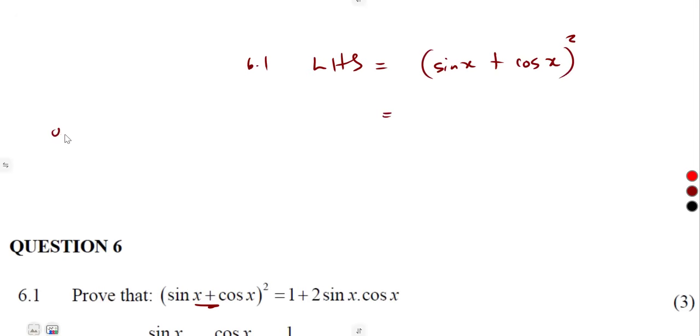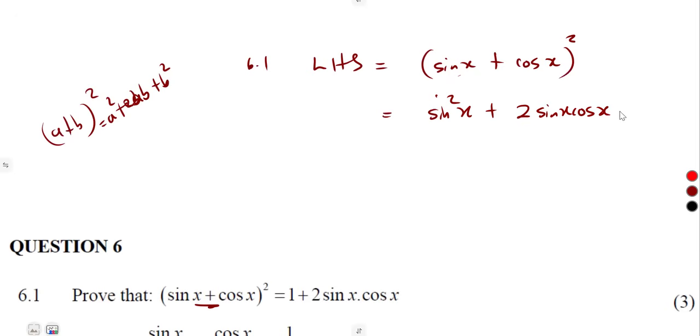Remember from our a plus b squared, which gives us a squared plus 2ab plus b squared. So it's going to be sine squared of x plus 2ab, that's 2 sine x cos x, plus b squared, the last term, which is cos squared of x.